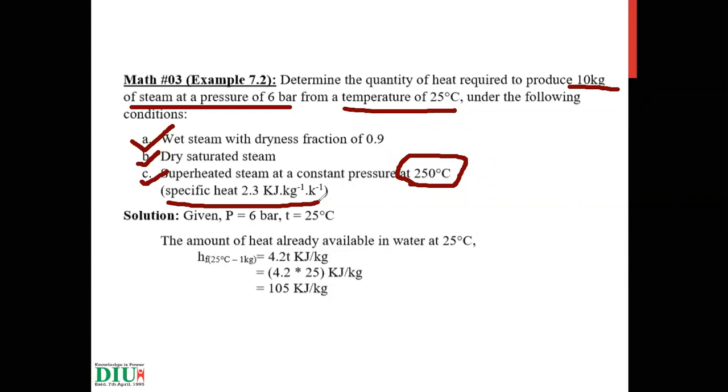At the very beginning they found the value for 25 degrees Celsius, this 105 kilojoule, using the equation 4.2 into T. This 105 kilojoule heat will be subtracted for all three steams, wet steam, dry steam, and also the superheated steam. They found the amount of heat to be subtracted before starting the example.